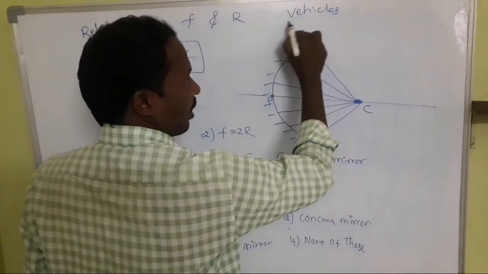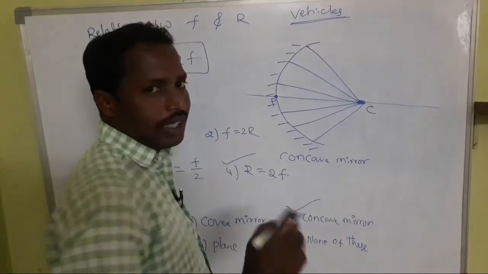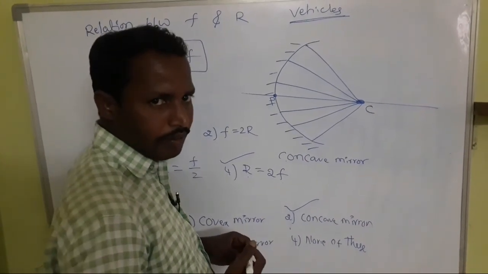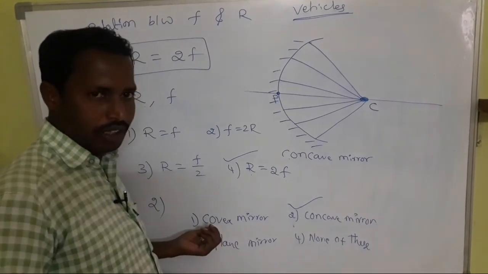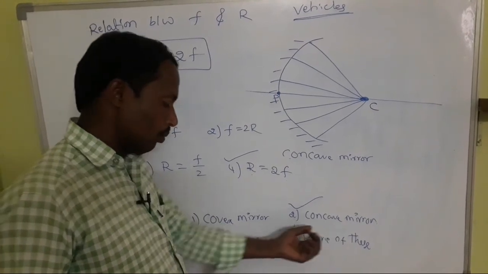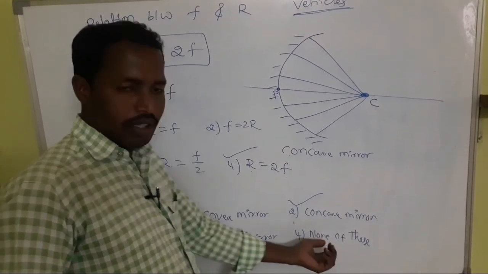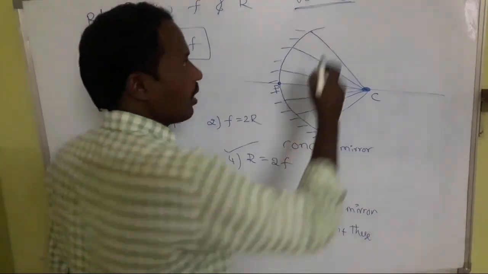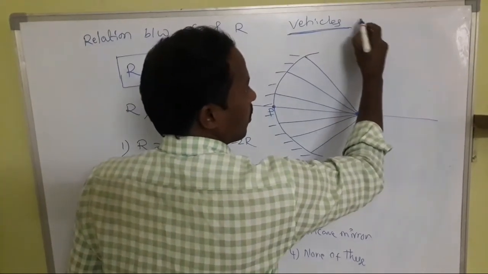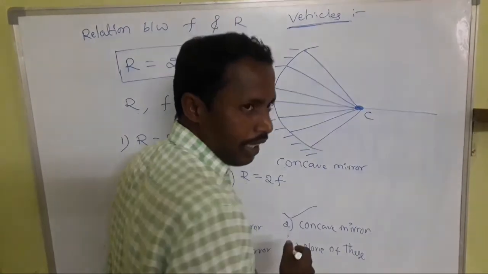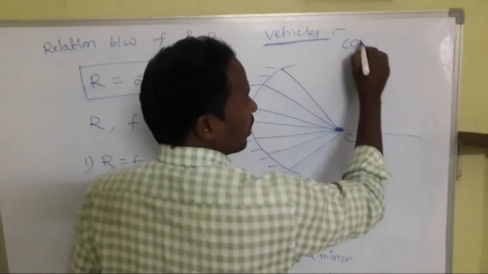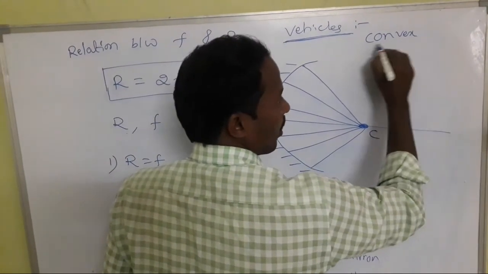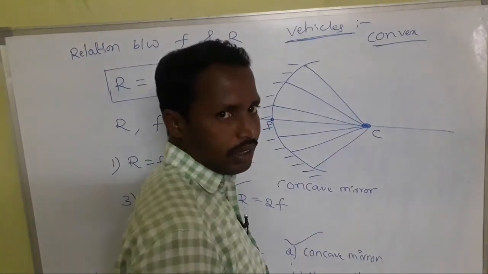Another question: this type of mirror is used as the side mirrors of vehicles. The options were convex mirror, concave mirror, plane mirror, or none of these. Convex mirror is the correct answer.